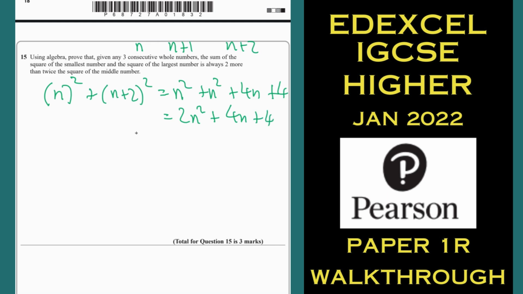Is always 2 more than twice the square of the middle number. Here's the middle number, there's the square of it, and that's us doubling it. So square the first, square the last, times the two together and double it, and now double everything.